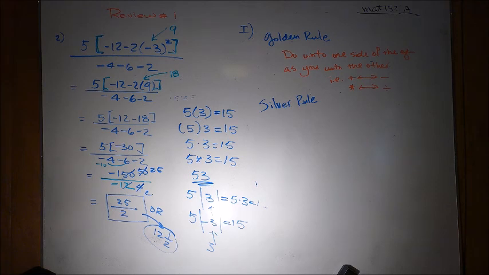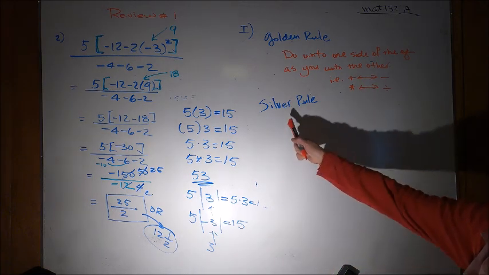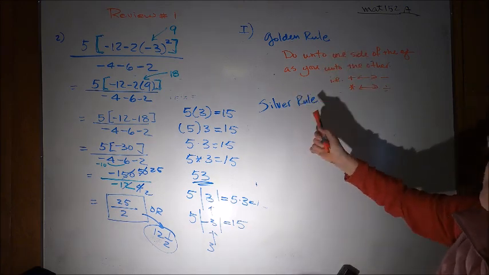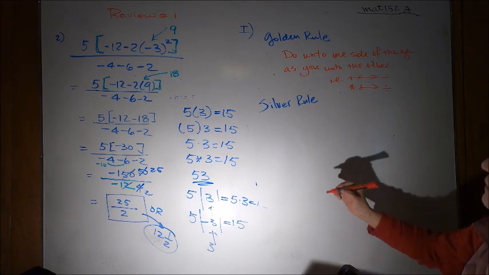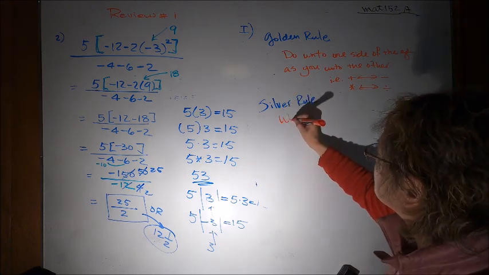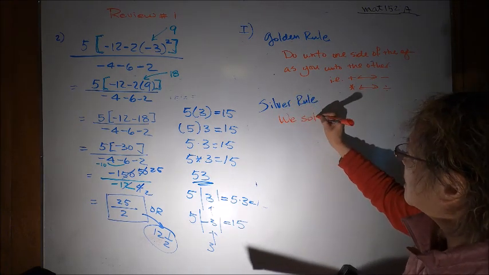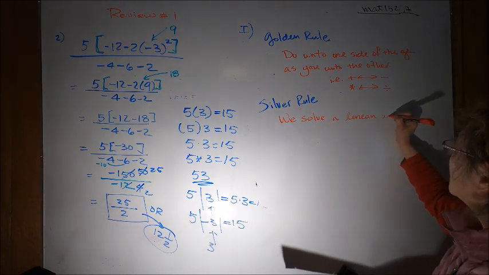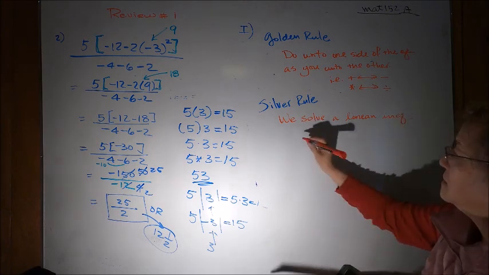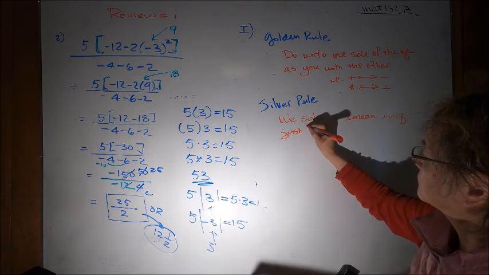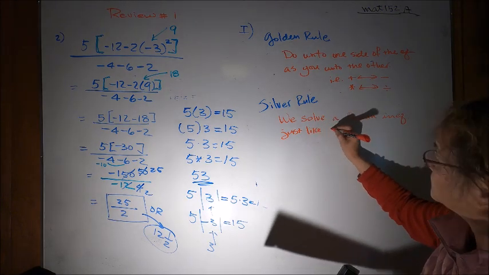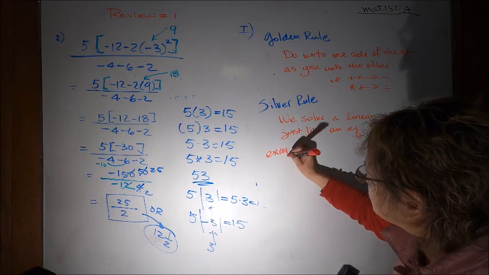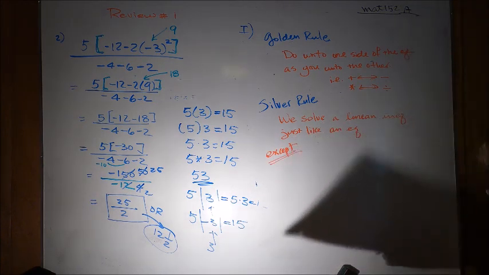So for inequalities, we use the silver rule. We say it's similar, except for something, right? For the silver rule, for the purpose of solving linear inequalities, right? We will do it just like equations, except, that's the main part of it, right? Except what?